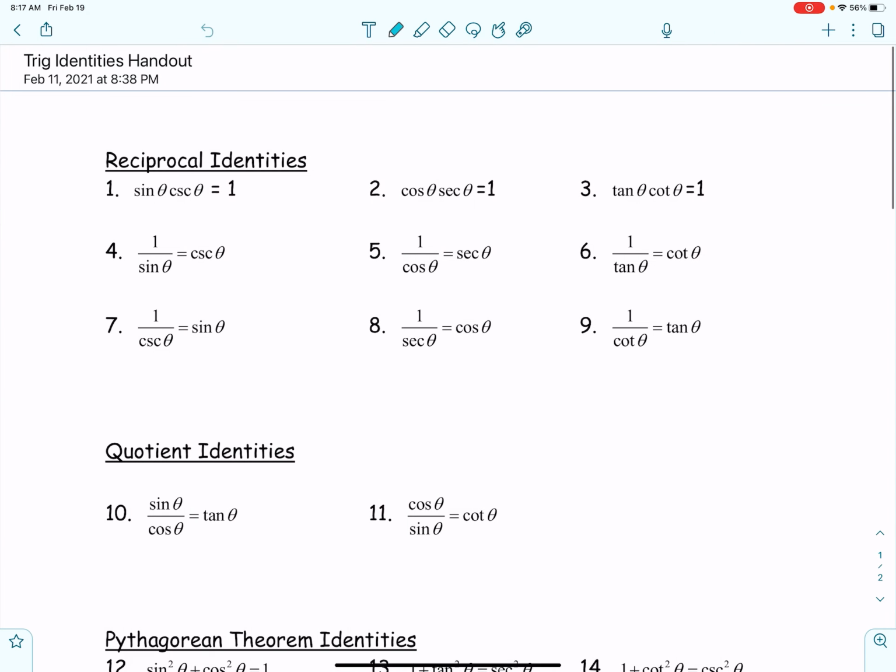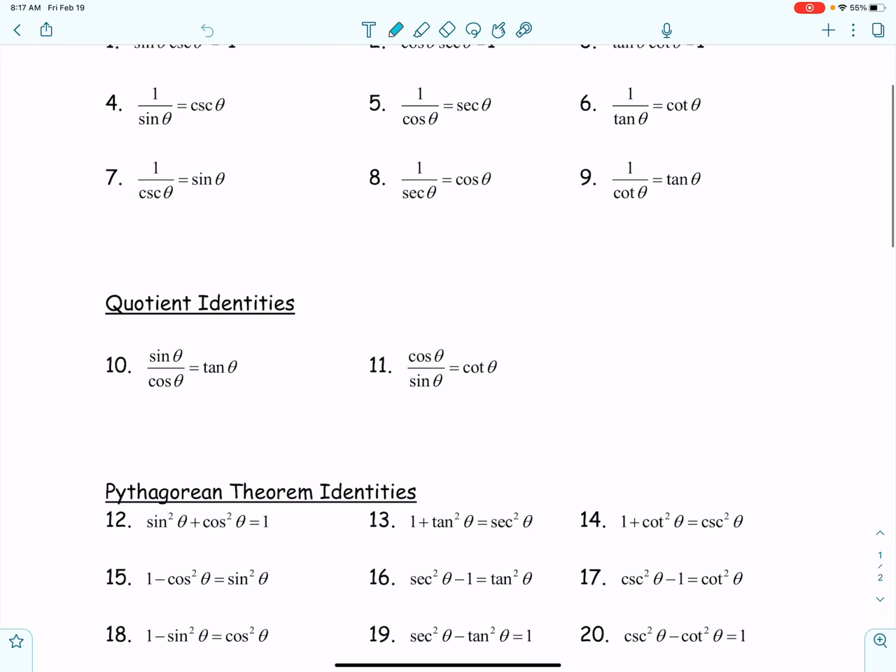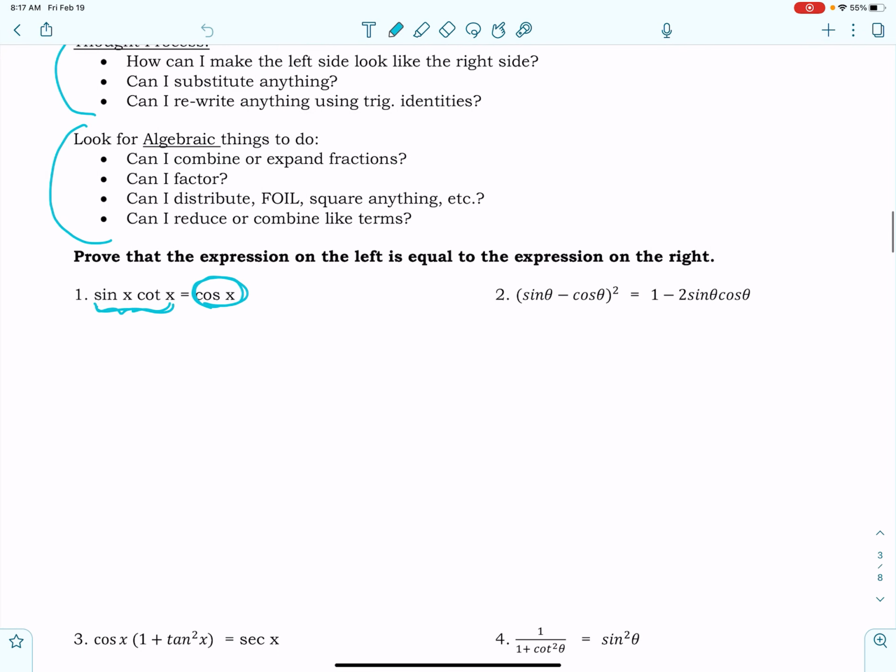When I look at my identities, I know that I can rewrite cotangent as cosine over sine, and that will help me because cosine's what I'm after. So I am going to rewrite sine x as sine x over 1, and cotangent as cosine x over sine x.